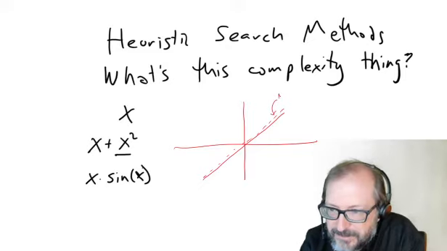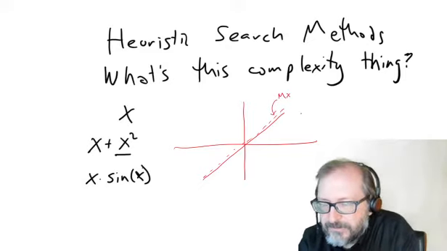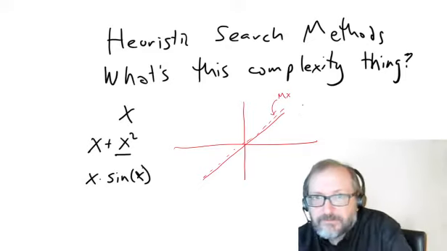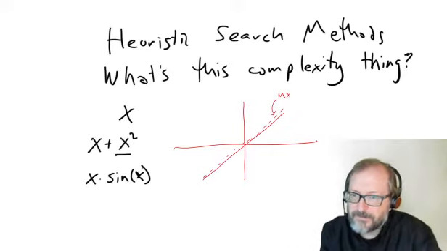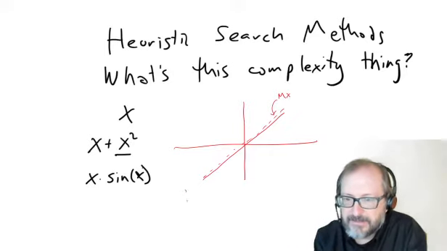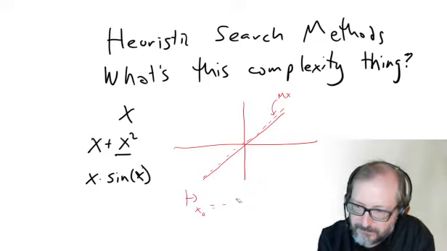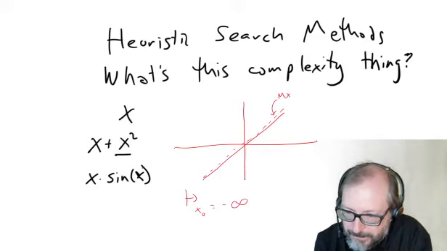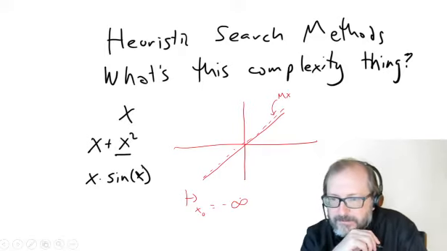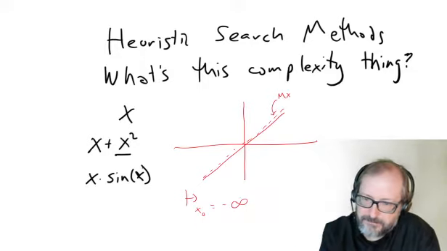So m times x would meet these properties, and in fact, in this case, x naught could just be minus infinity. So simple enough.